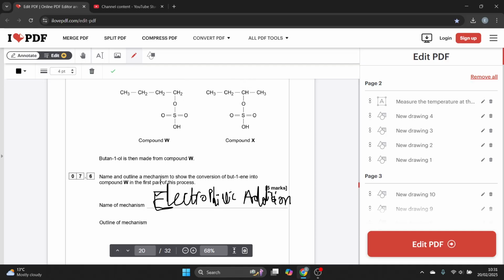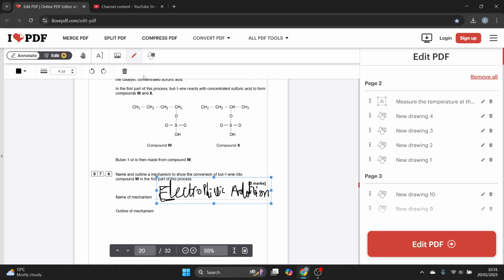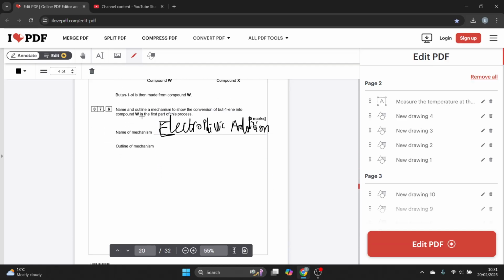So conversion of butene into compound W. So methane, ethane, propane, butane, butene, that has a double bond. Yeah, I'm only using 2 hydrogens. 1, 2, 3, 4, 5, 6, 7, 8.